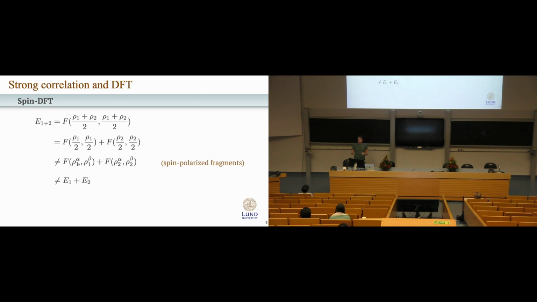So again, if you do H2, you don't do H with half of a spin up and half of a spin down. You do H with a spin up only, meaning that the spin densities are not the same, unlike what you do in the H2. So this is why now we have this strong correlation problem. So all the strong correlation and this single configuration behavior of DFT is because we're using these spin densities.